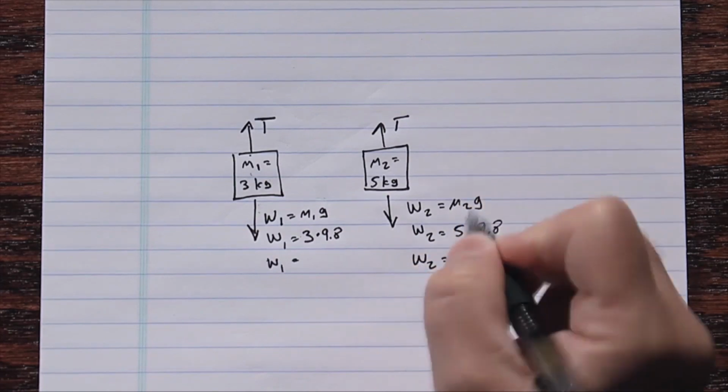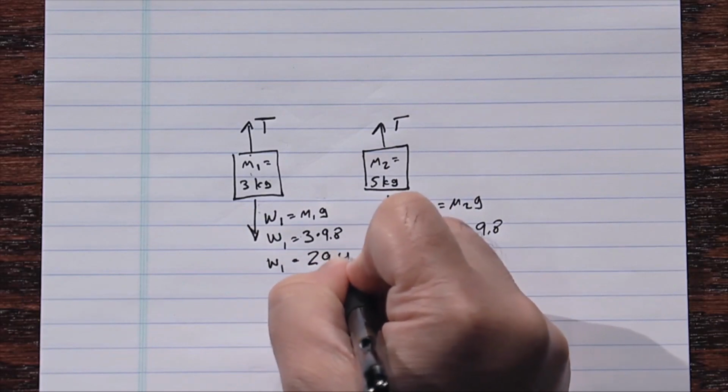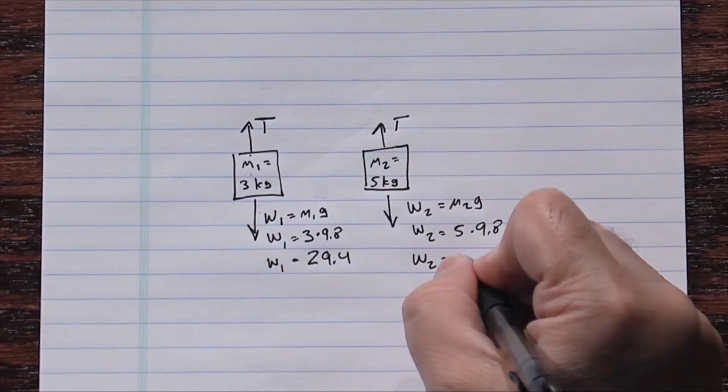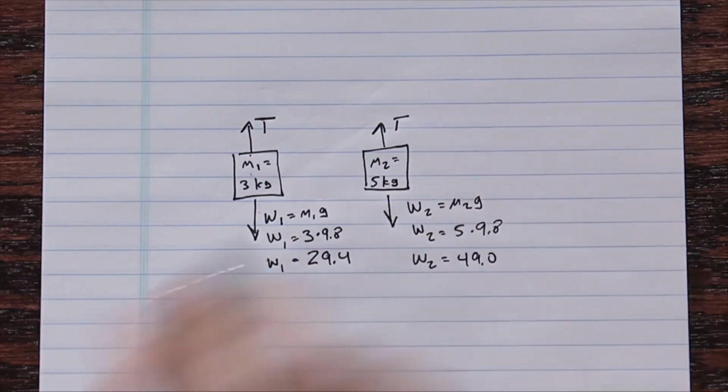Grabbing our calculator, 3 times 9.8 is equal to 29.4, and 5 times 9.8 is equal to 49.0 newtons in both cases.